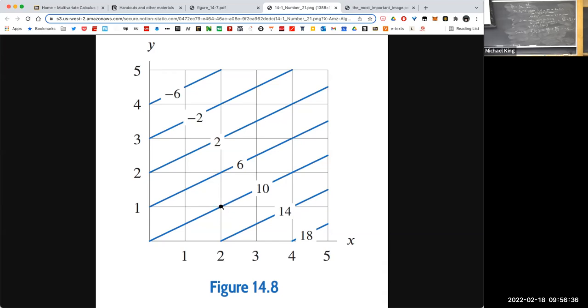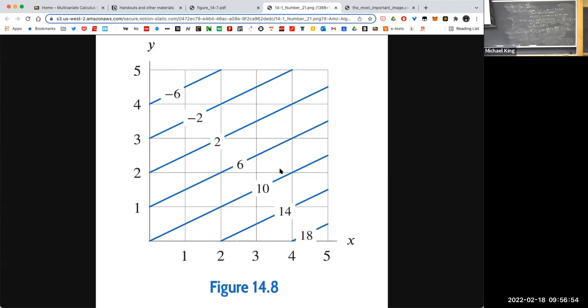You could imagine doing something similar here. I could leave this point, go in the northeast direction, and end up at this point. Then the change in z is still -4, but now you need the change in the horizontal, which you could compute.